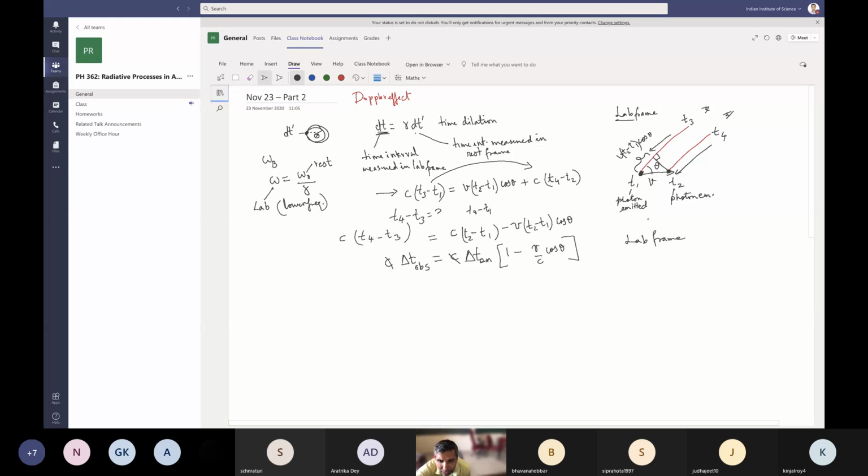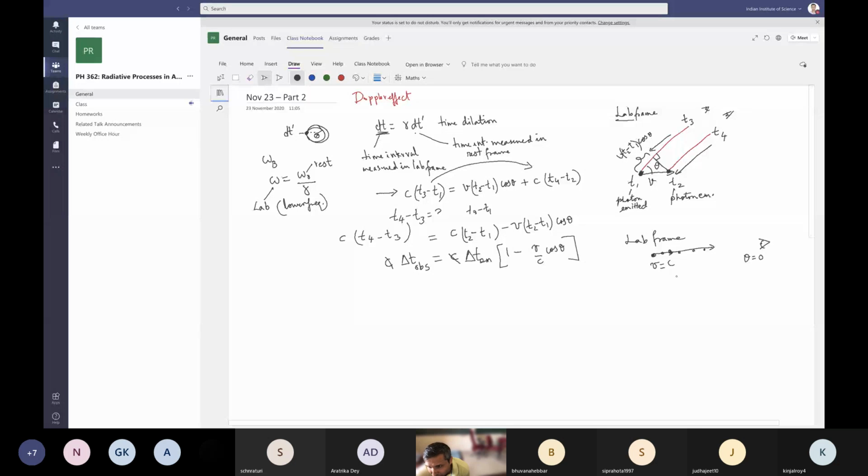So you see, suppose you have an object which is traveling in this direction and you have an observer looking in the same direction. So basically theta equals 0. What happens in that case? And suppose v is equal to c. The particle is moving at c and it's emitting photons. Now all these photons that are emitted along the line of its travel are also traveling with the same speed as the particle.